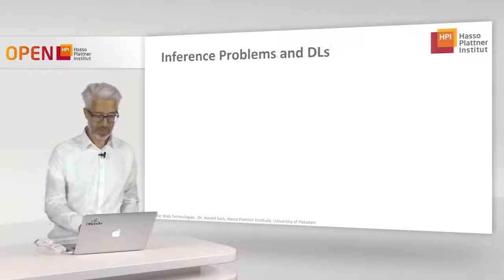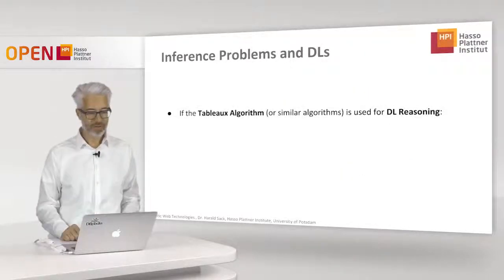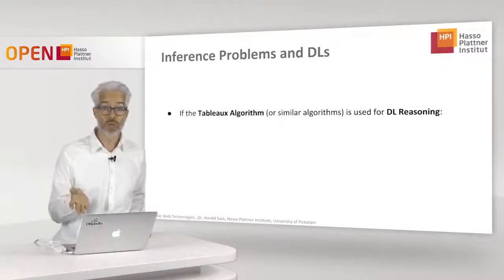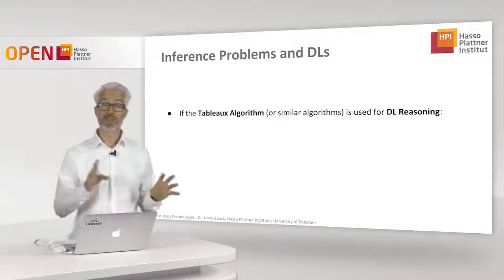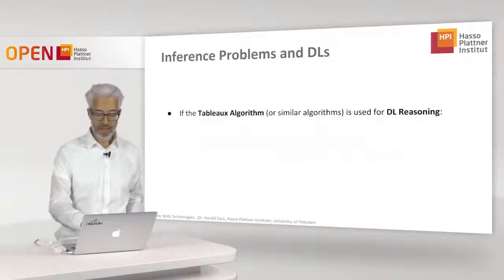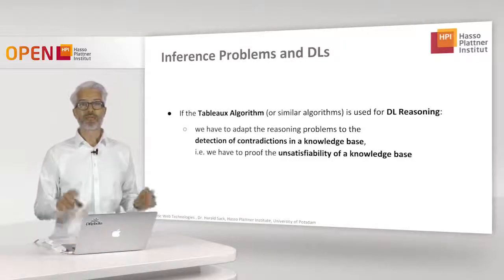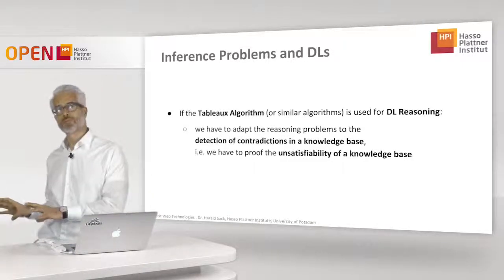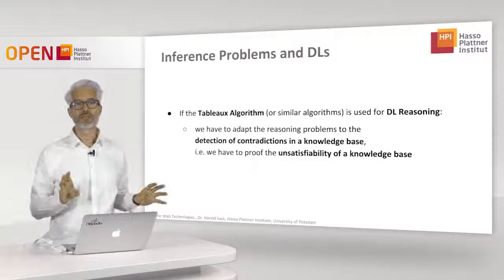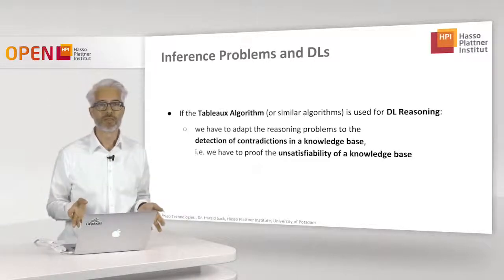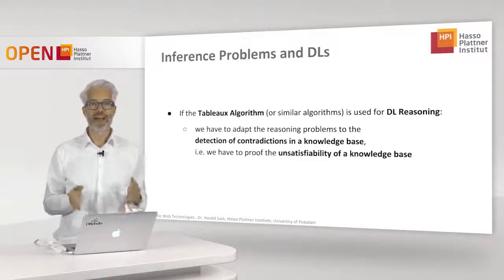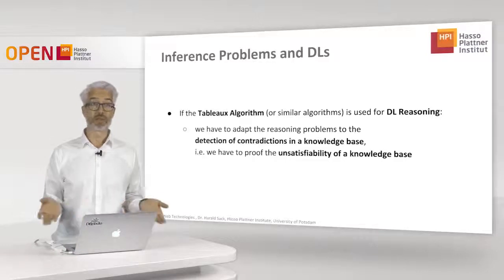So you remember that. That means for inference problems in description logics, if we are using the Tableau algorithm or any similar algorithm that is based on the same assumption, then first we have to adapt all of the reasoning problems to the detection of contradictions in a knowledge base. So it means we have to prove the unsatisfiability of a knowledge base.